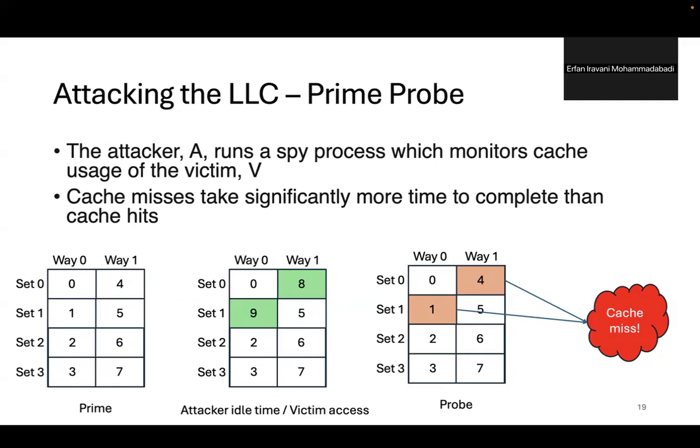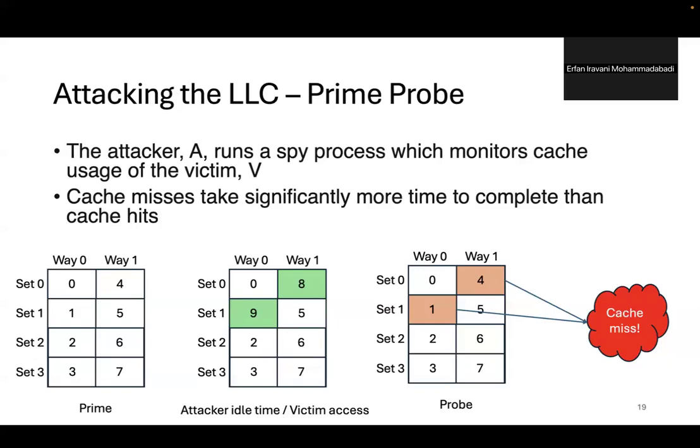This results in the victim accessing some of its secret values, so consequently, the attacker's data will be evicted from the cache and replaced by that of the victim. When the idle time is over, the attacker starts repopulating the cache with its own data again. This time the attacker measures the time it takes to access the data.